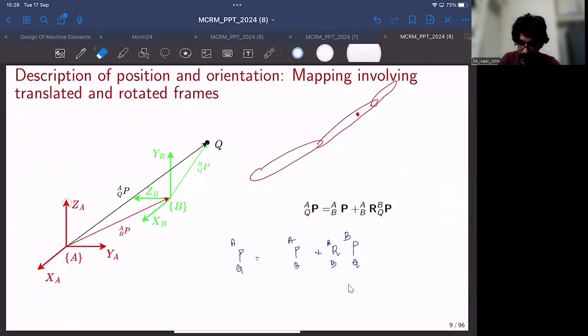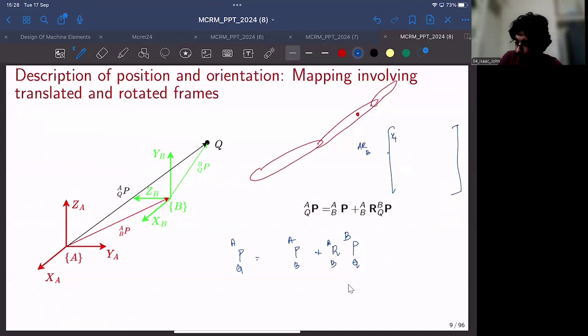And just by looking at the orientation of these two frames, one can easily detect how this orientation matrix can be assembled. For example, in this particular example, the rotation matrix would look something like this. The full expansion of this rotation matrix ARB would look like this. I'll write out the first column: the dot products of XB with XA, YA, ZA.